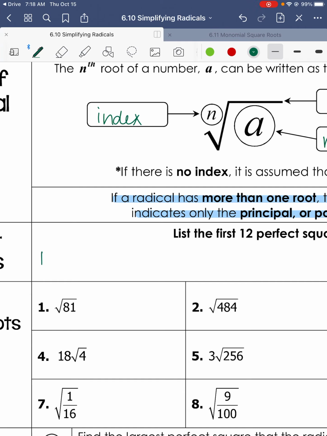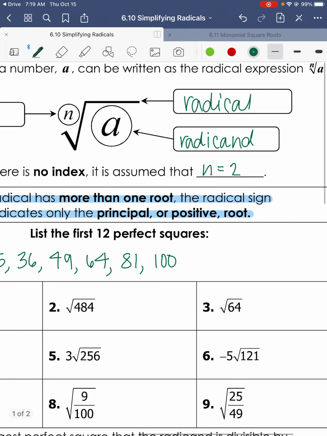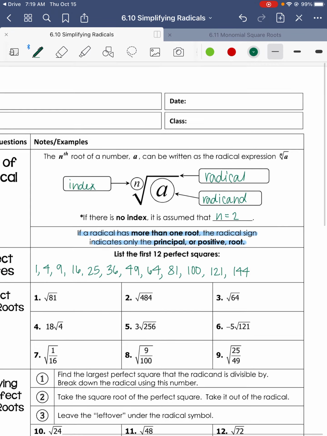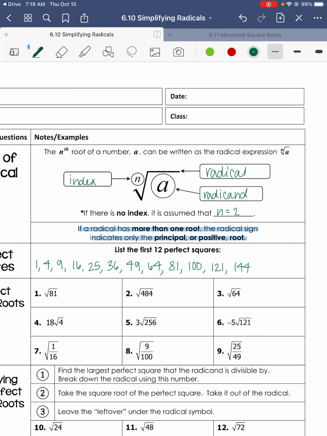Most of these you probably already know. 1 squared is 1, 2 squared is 4, 3 squared is 9, 4 squared is 16, 5 squared is 25, 6 squared is 36, 7 squared is 49, 8 squared is 64, 9 squared is 81, 10 squared is 100, and then just 2 more that you might not already have in your memory, but it's good to get in there: 11 squared is 121, and 12 squared is 144. Okay, so it's good to have those memorized.